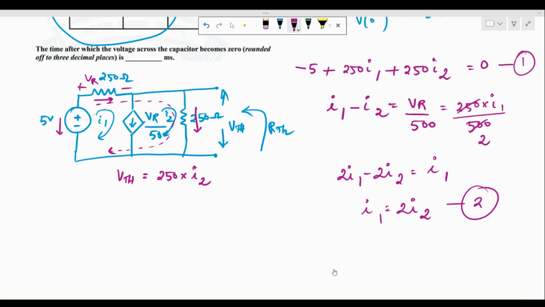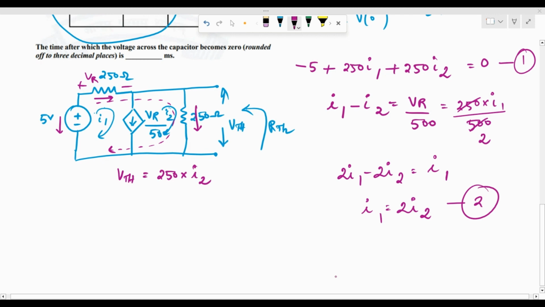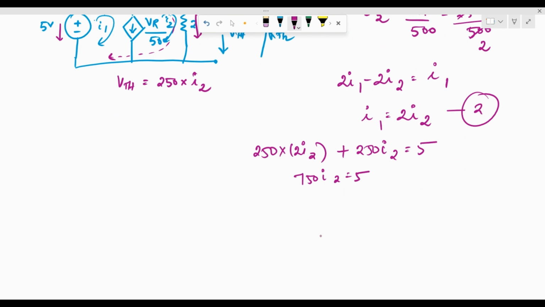And on doing that, so we have 250 into 2 times I2 plus 250 I2 is equal to 5. So that is 750 I2 is equal to 5. Therefore, I2 is going to be 5 by 750 amps.